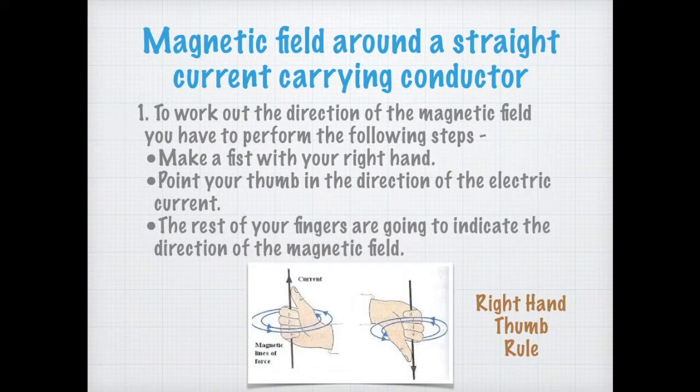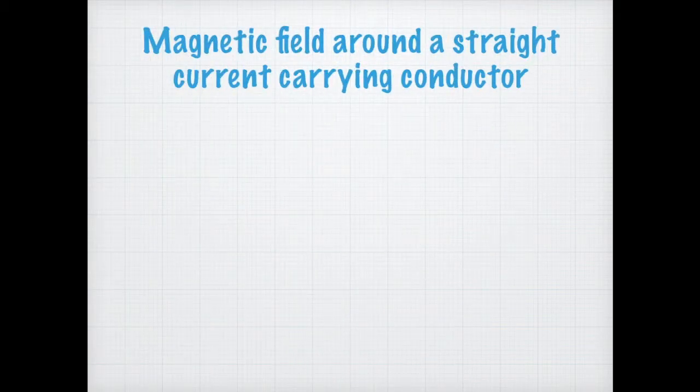The rest of your fingers, the index finger, the middle finger, the ring finger, and the pinky, are going to point in the direction where the magnetic field lines are circulating the conductor. The thumb points in the direction where the current is moving, and the magnetic field's direction is indicated by the rest of your fingers.